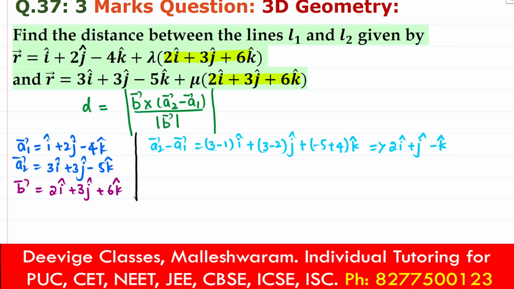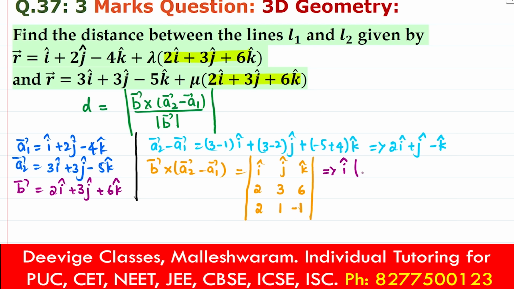So next find out B cross A2 minus A1, which is equal to the determinant of i cap, j cap, k cap; B vector is 2, 3, 6, and A2 minus A1 will be 2, 1, minus 1.